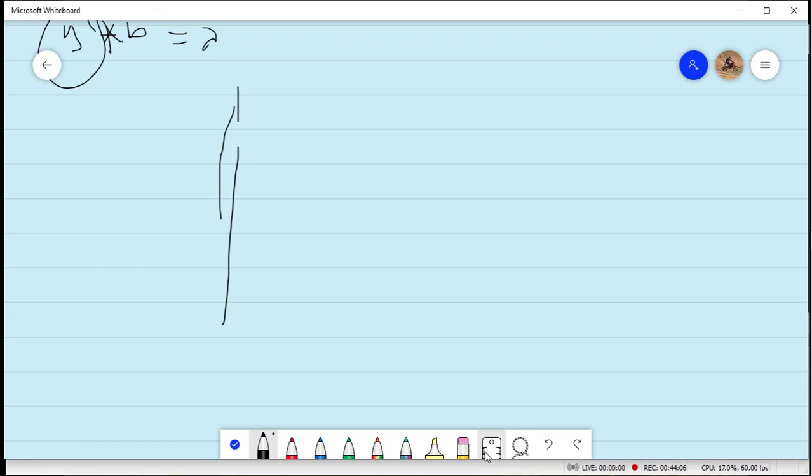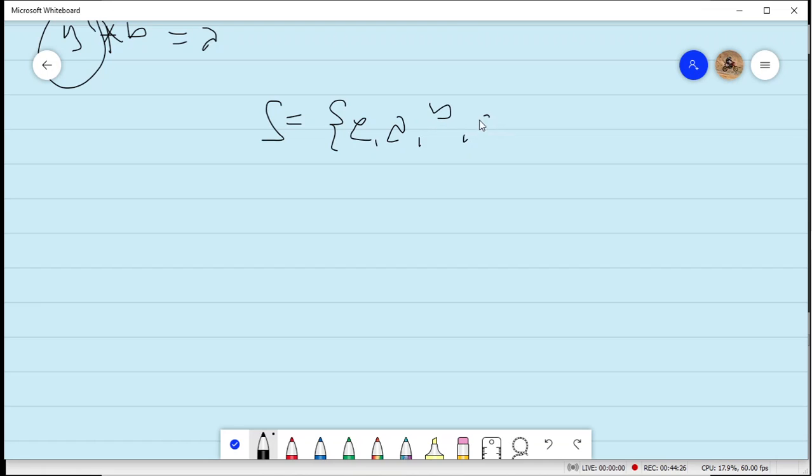Sorry. Let's erase all of this. First, define a set. Again, let us define a set S with elements E, the identity, and 3 other elements. Let's say A, B, and C. Then try to construct an operation using a table, so an operation table defined in the set.